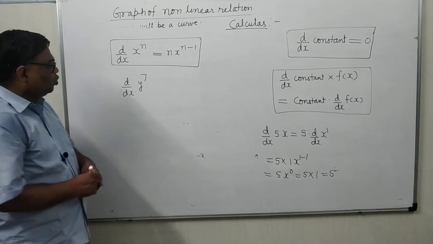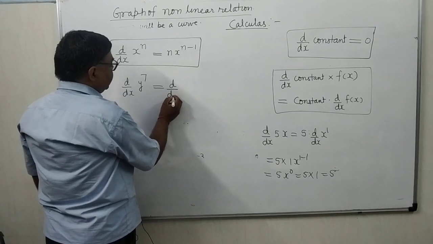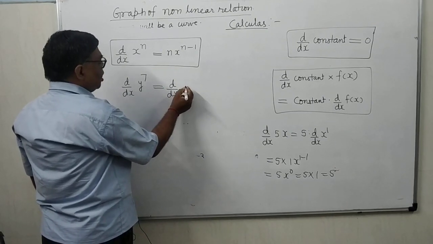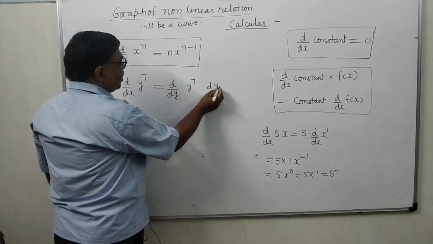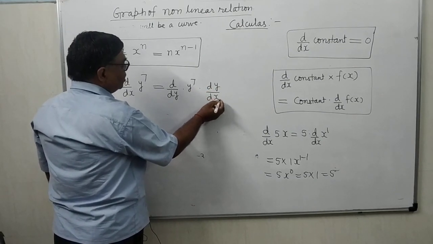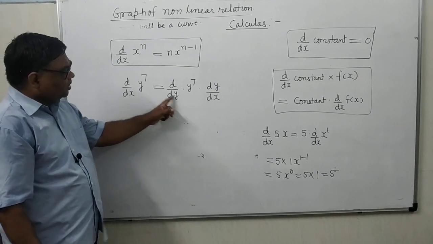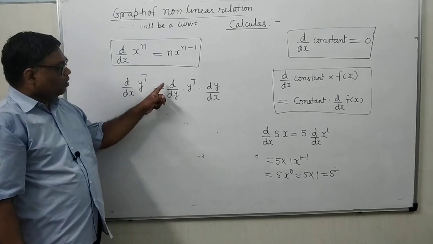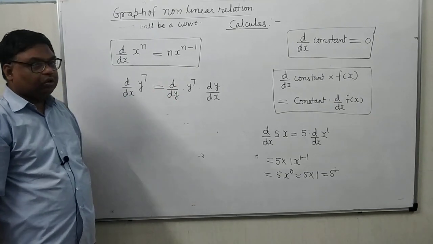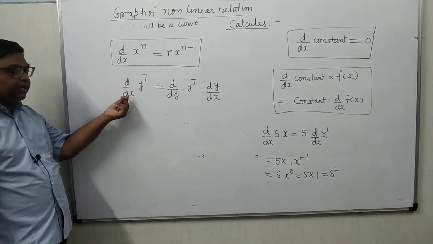So what will you do here? You will write it in this way, d by dy of y to the power 7 into dy upon dx, d by dx of y. So see here, this and this will be cancelled. What is left? d by dx of y to the power 7. It's clear? Means we have replaced it by y.